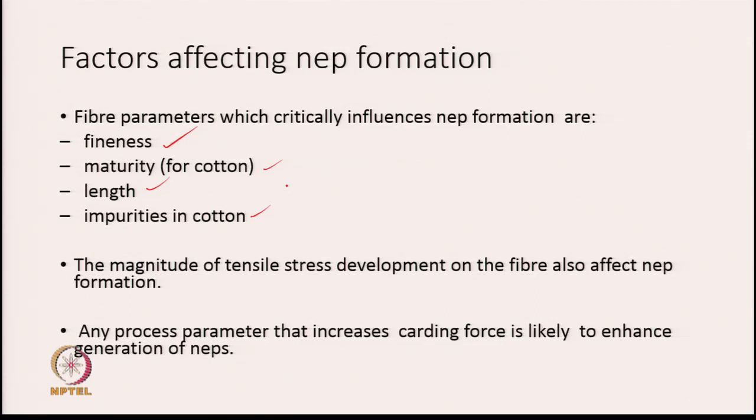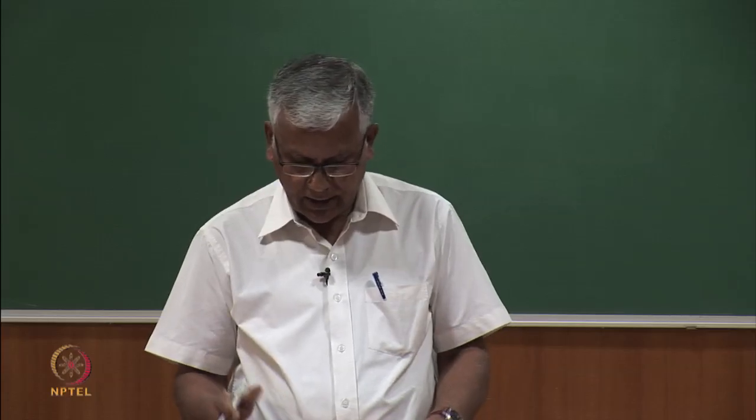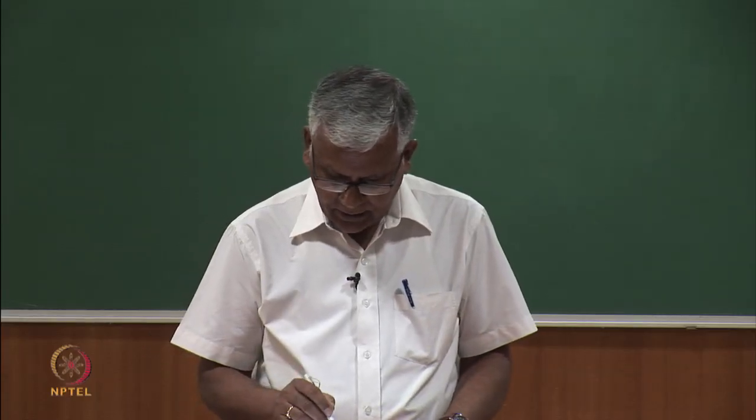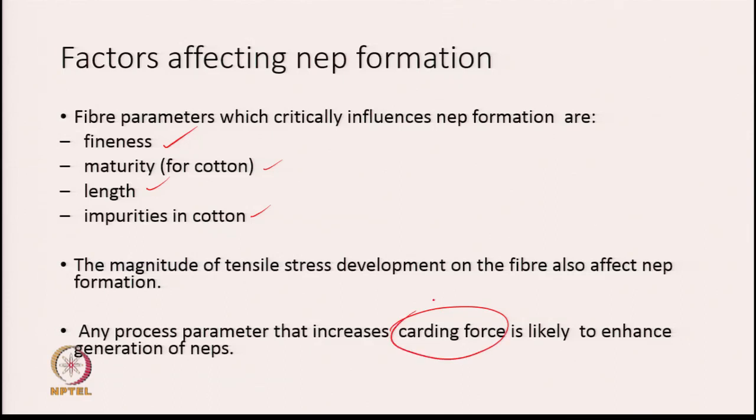The other thing is the magnitude of tensile stress development on the fiber, which can also affect NEP formation, especially in the carding zone. So, any process parameter that increases carding force is likely to enhance generation of NEPs. So, we can try to analyze the various factors which can affect carding force.